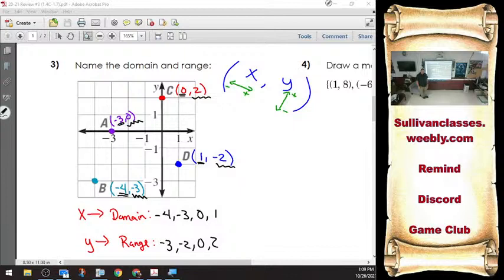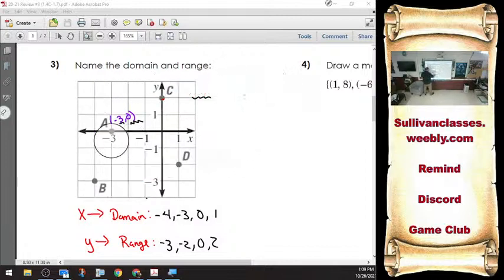Some kids are okay with winging it off the graph. If I don't have those coordinates, I'm not doing the whole thing, just this part. Some kids are okay with this. Get a pencil or fake ID and scroll across to your x-axis like this and say -4, -3, 0, 1.